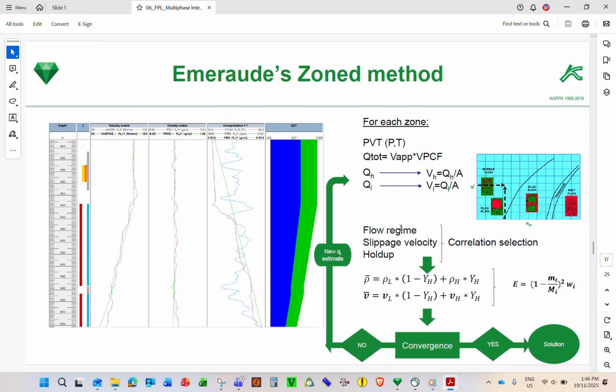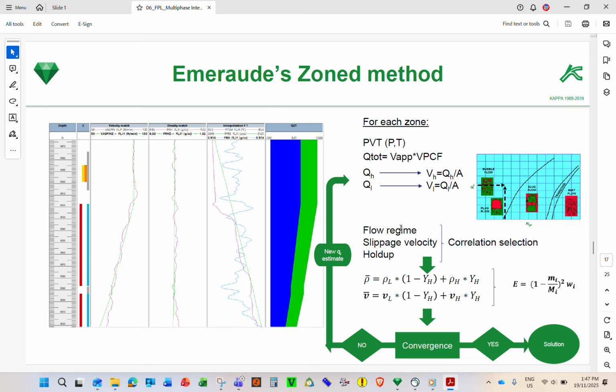From the Q total, I need to get the heavy phase Q and light phase Q, and from heavy and light, you can get the velocity. You put that velocity into the flow regime, then we calculate the slippage.